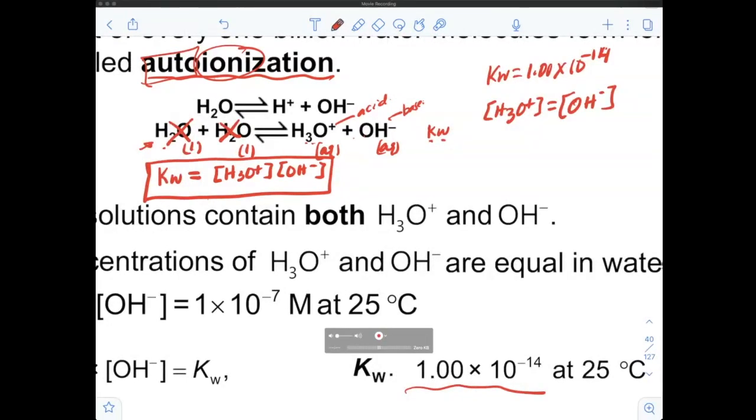Remember, H3O plus, hydronium ion, communicates the presence of an acid. You have a lot of it, a strong acid. Very little of it, a weak acid. Hydroxide ion communicates the presence of a base. So we're told in water we have both presences.